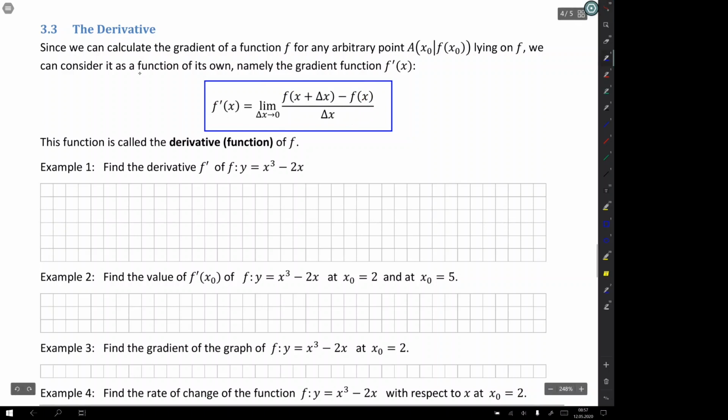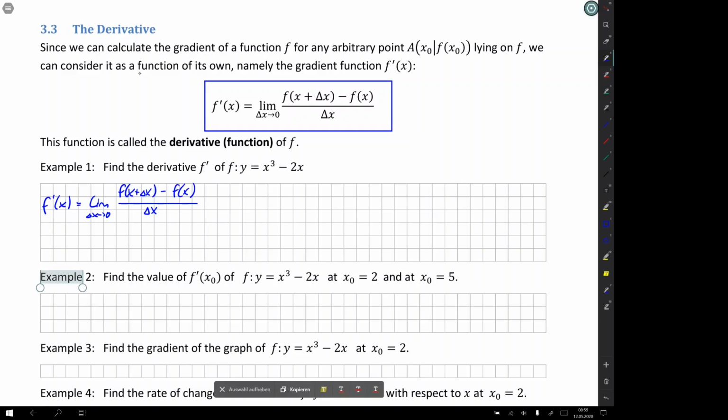So let us look at the first example where f is given as y equals x to the power of 3 minus 2x. So we want to find the derivative f dash of x. Let me copy just the definition from up there. Limit of delta x going towards 0 of f of x plus delta x minus f of x divided by delta x.